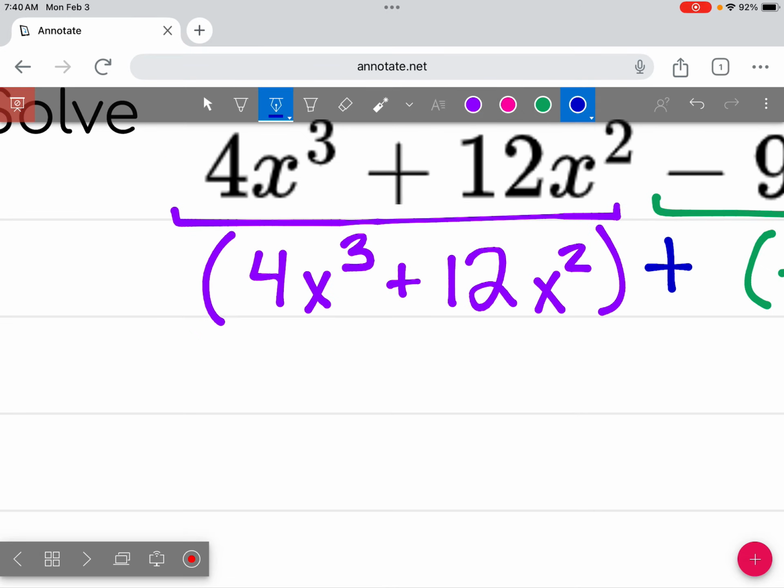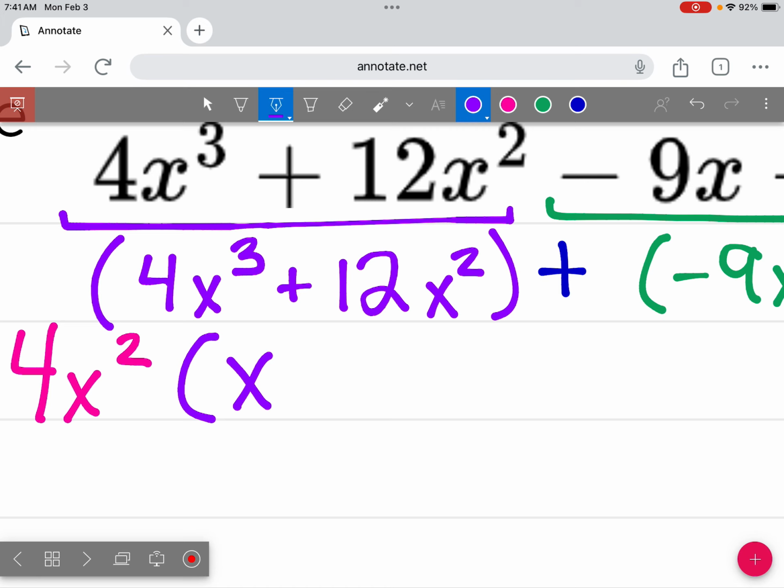So looking at the purple piece in this case, my 4x cubed and my 12x squared, what do they have in common? Just our purple group, this first group. 4x squared. Got a 4x squared. And that's going to leave us with 4x cubed divided by 4x squared, which leaves me with just an x.